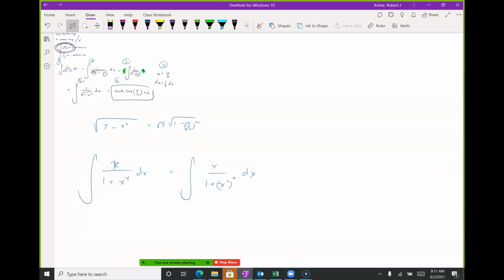Do I see an inside? I see it downstairs, but the downstairs didn't work. So do I see an inside that's downstairs? That's hinting at an inverse trig again. That's okay. The next level is the one I always ask you.